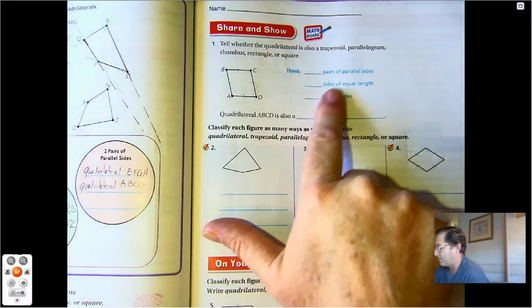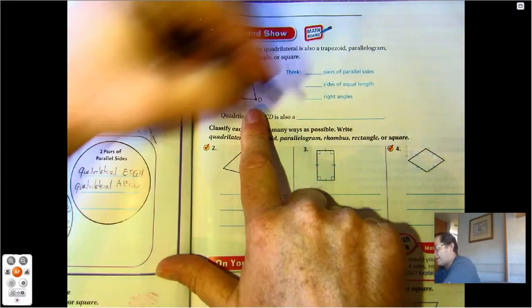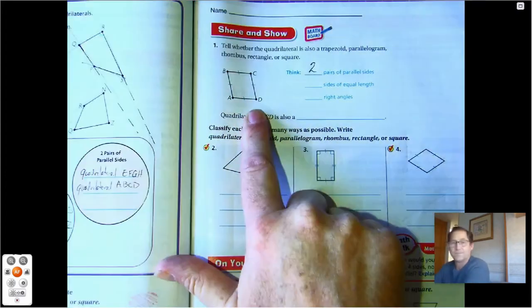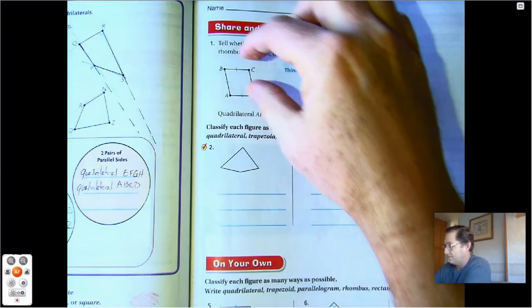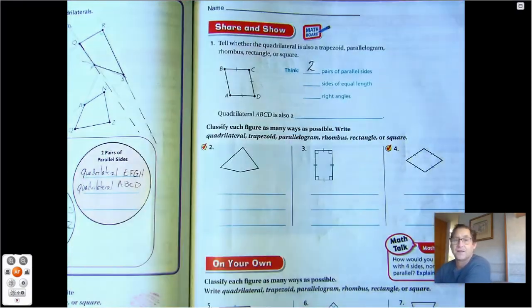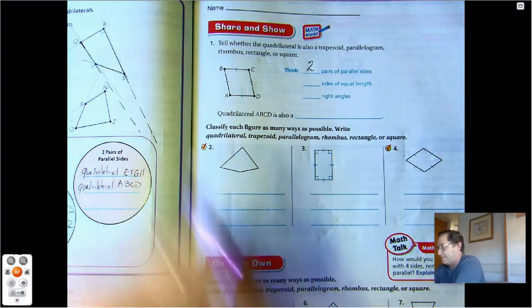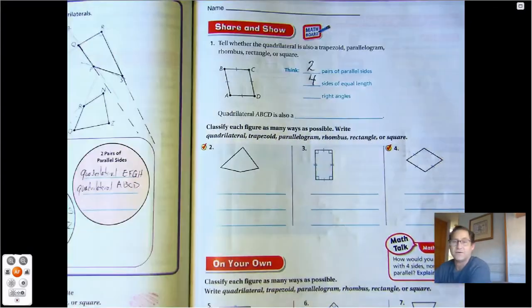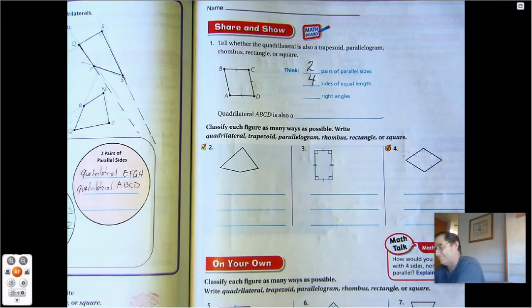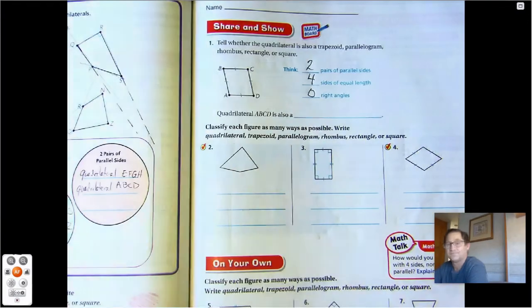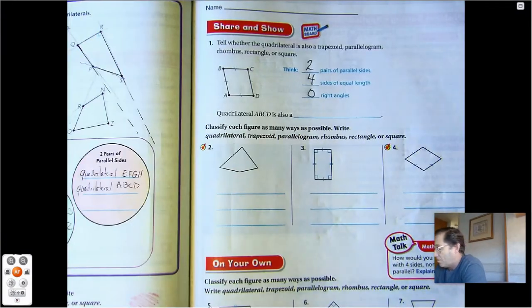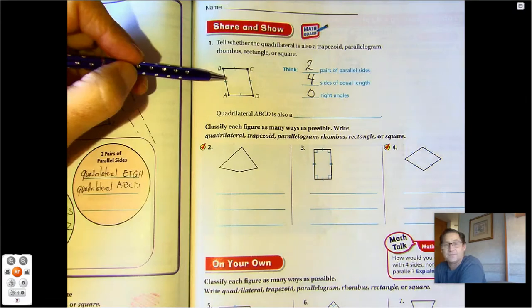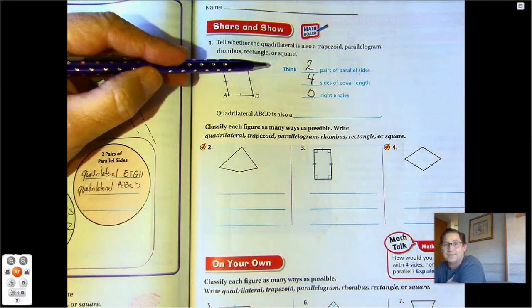All right, how many pairs of parallel sides does this have? Well, it has two pairs of parallel sides, the tops and the sides. How many sides of equal length? The tick marks tell me that all four sides are equal. How many right angles? Zero right angles. Okay, so quadrilateral ABCD is not a trapezoid because it has two pairs of parallel sides.